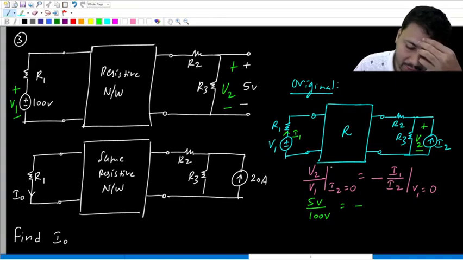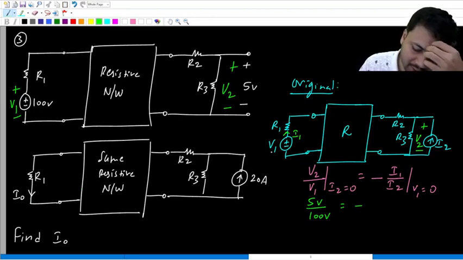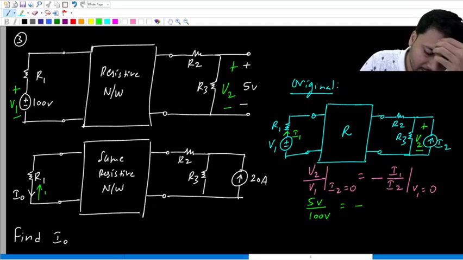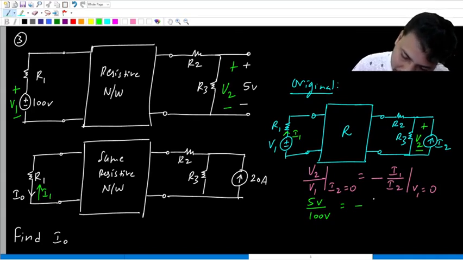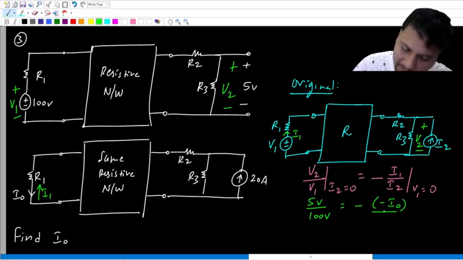This is the negative of I1. In the second case, voltage source V1 is made 0 or short circuit, and the short circuit current as per the original circuit will flow in the upward direction. So I1 is minus I0. So the ratio is minus I0 divided by I2.